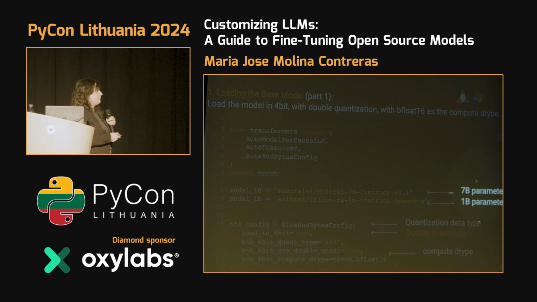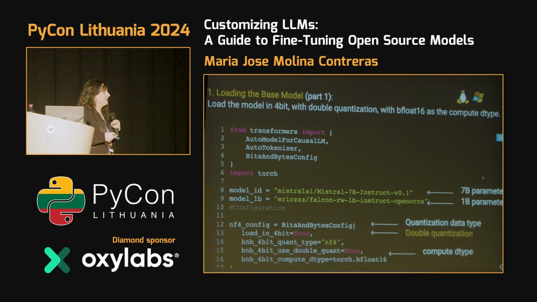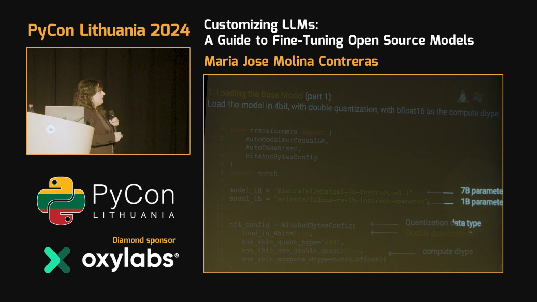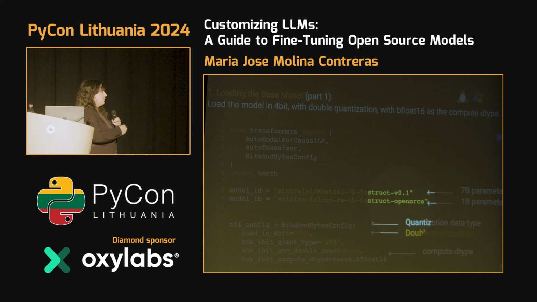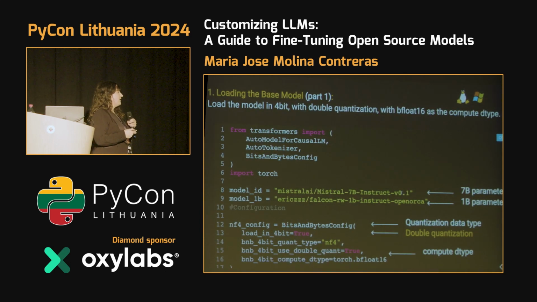This means that the 7 billion parameters was too much, and then I tried the 1 billion parameters and it was working very well. The tricky part is that if you want to reduce this, you also need to play with your data set. But this is another topic in case you are interested. However, the main thing here is that you need to select your model and then continue.